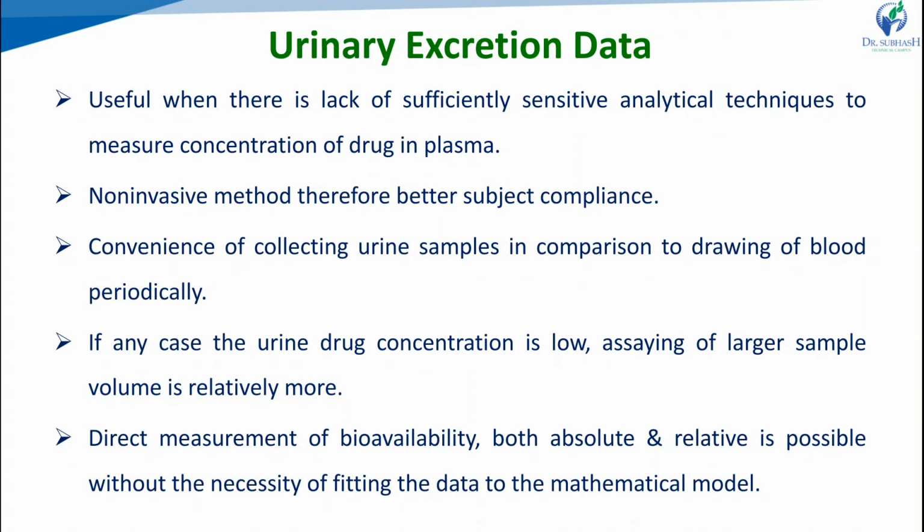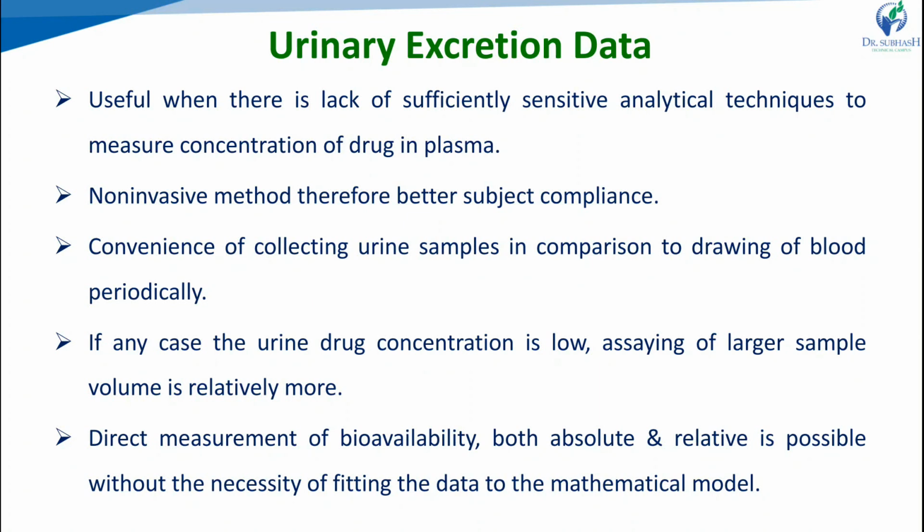This method is also useful when there is a lack of a sufficiently sensitive analytical method to determine the concentration of drug in blood or plasma. So at that time, one of the options is urine analysis.